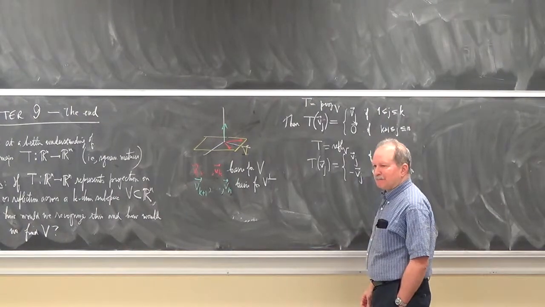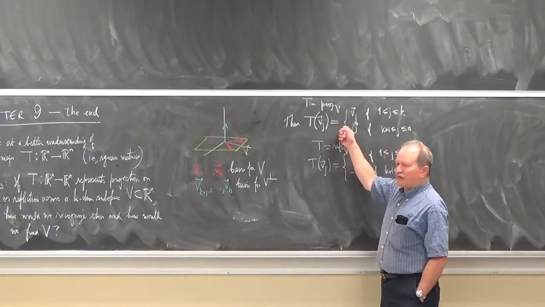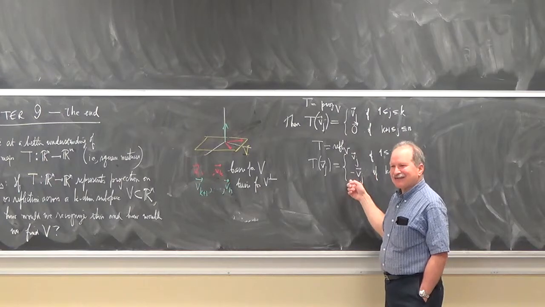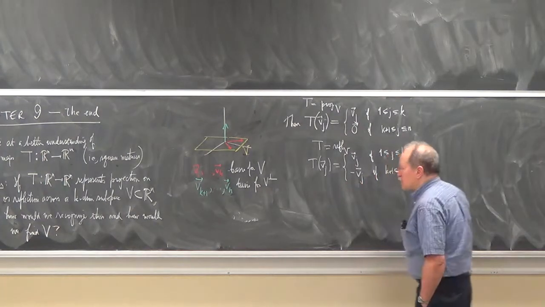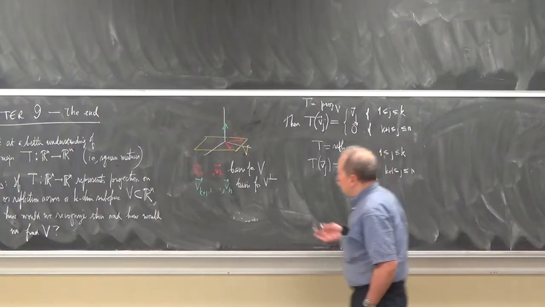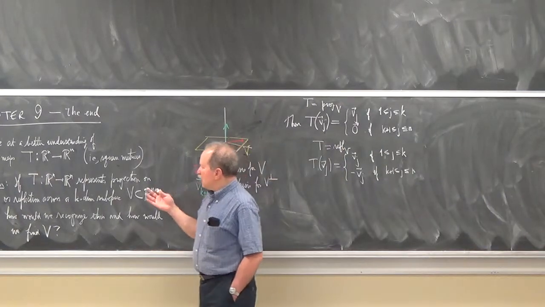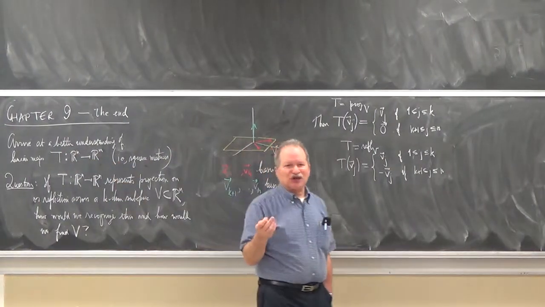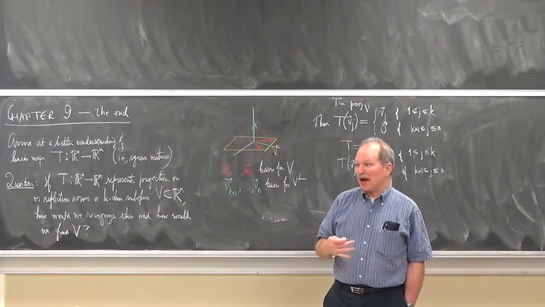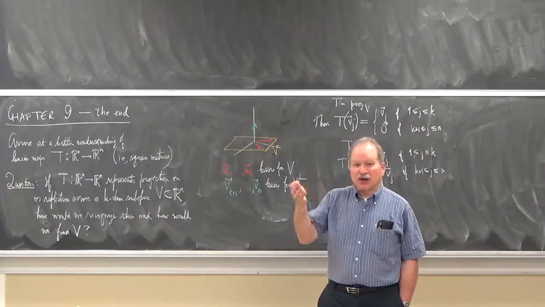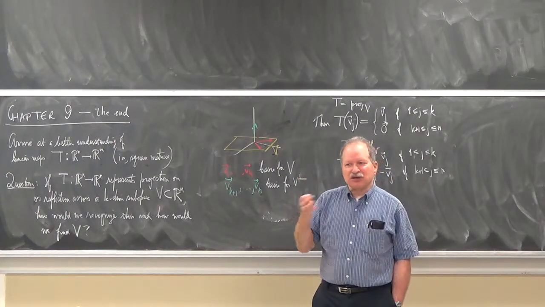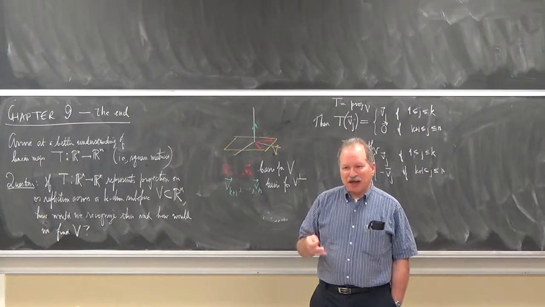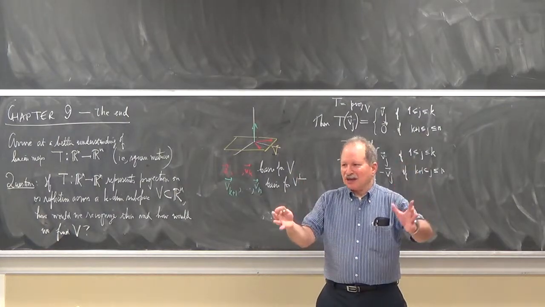That would work for this case, but not for this case. So what I'm hinting at here is, given a linear map, is there an optimal coordinate system in which to understand the linear map? Is there a conveniently chosen basis with respect to which the linear map becomes clear?